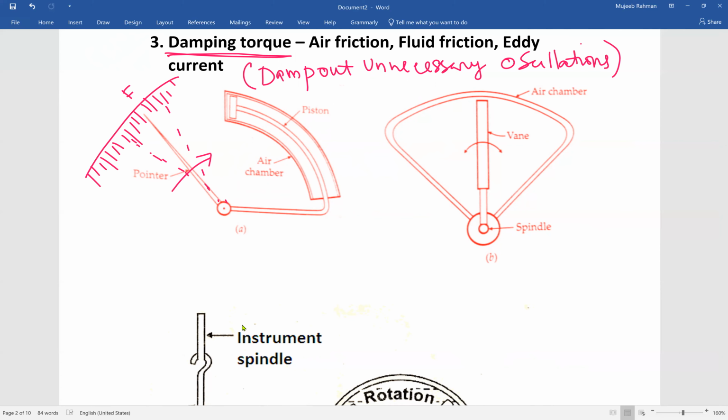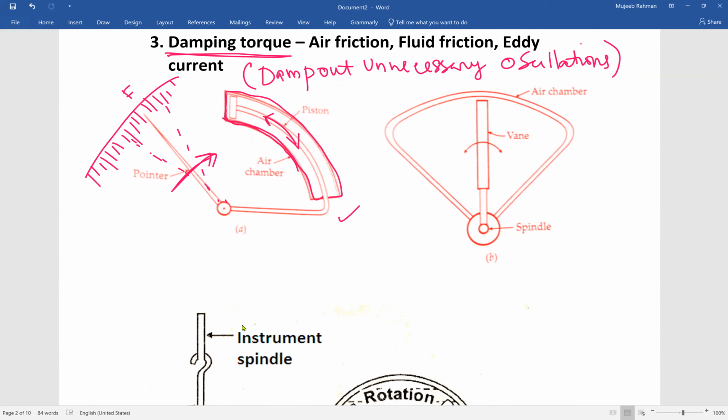In order to damp out these oscillations, the moving system is attached to a particular chamber, normally made of aluminum, and inside which there is a piston. So whenever the moving system moves, the piston also moves in and out. Because of the presence of the air and the friction, the oscillations can be controlled. In a few oscillations, the final steady state position can be achieved using this mechanism.